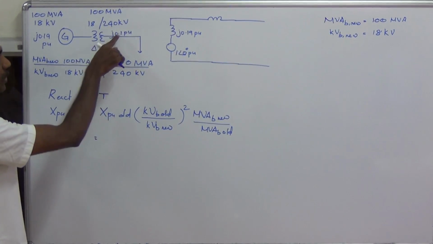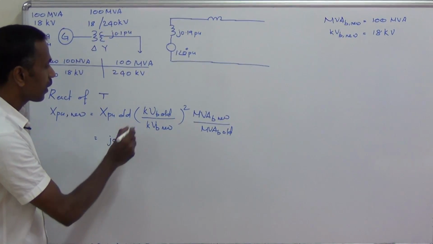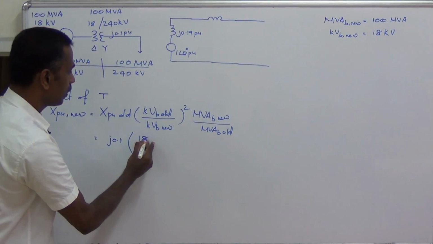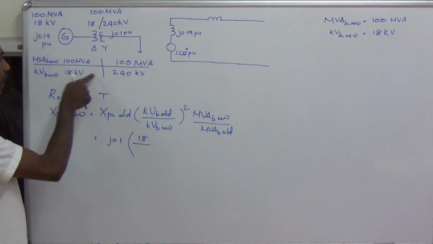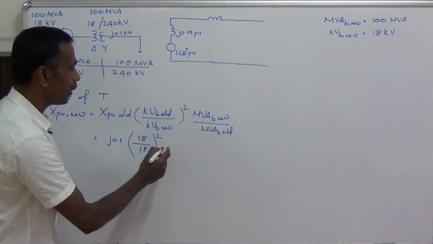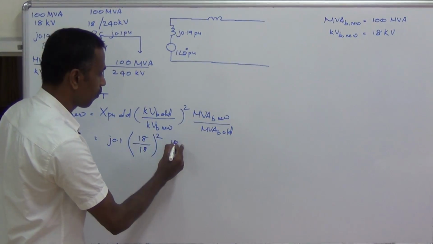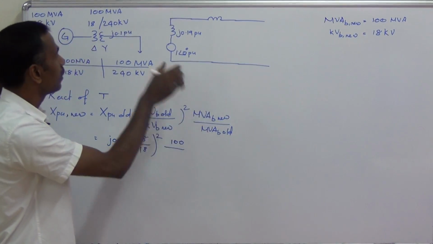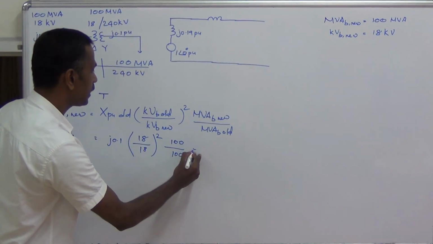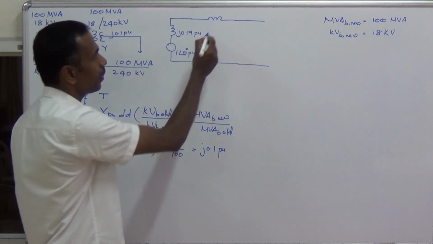The X per unit old is J0.1 into kVB old on the primary side, 18 kilovolt, divided by kVB new on the primary side, also 18, the whole square, into MVAB new, 100 MVA, divided by MVAB old of the transformer, 100 MVA. So this is equal to J0.1 per unit. Let me mark the value here.